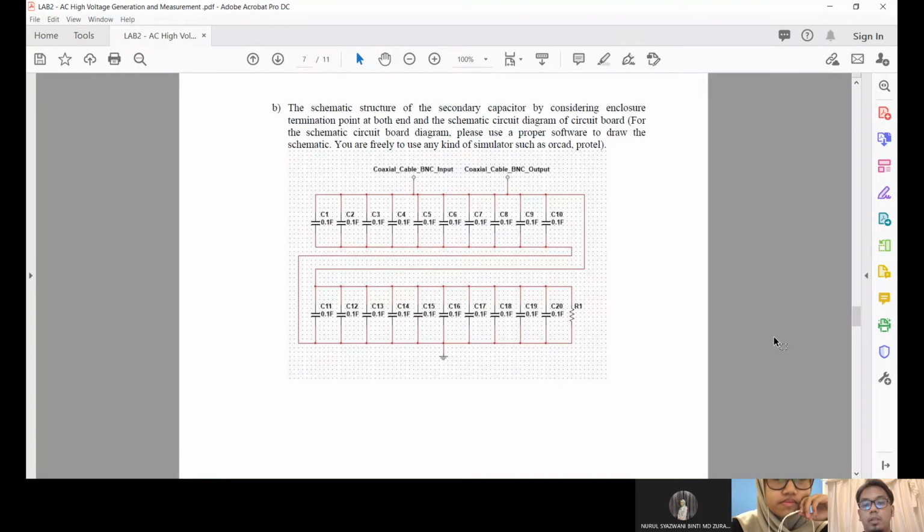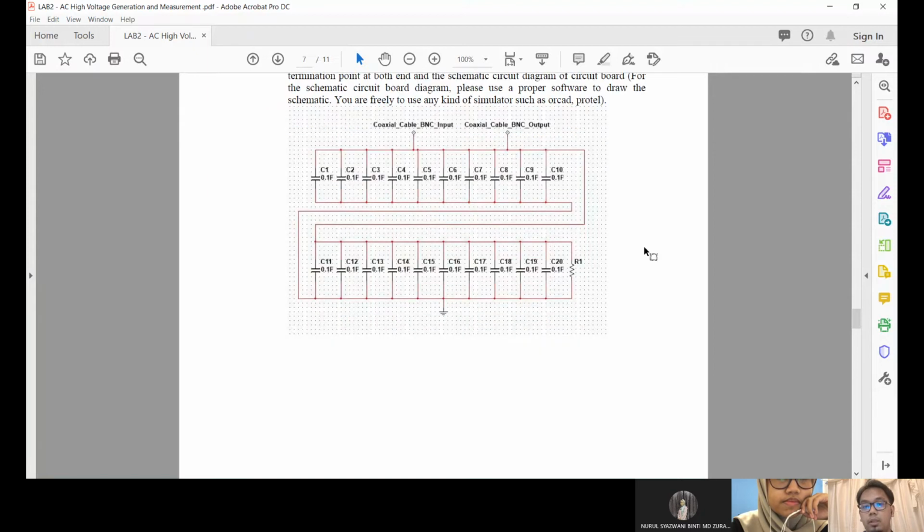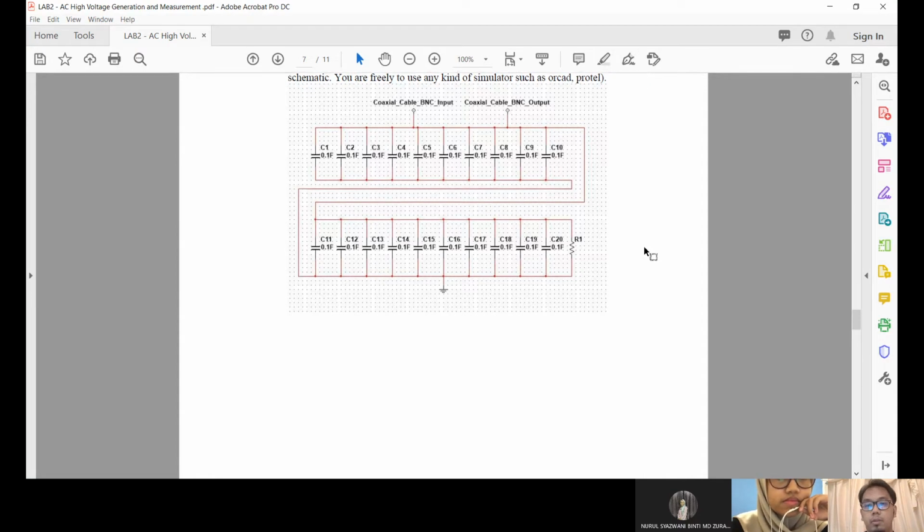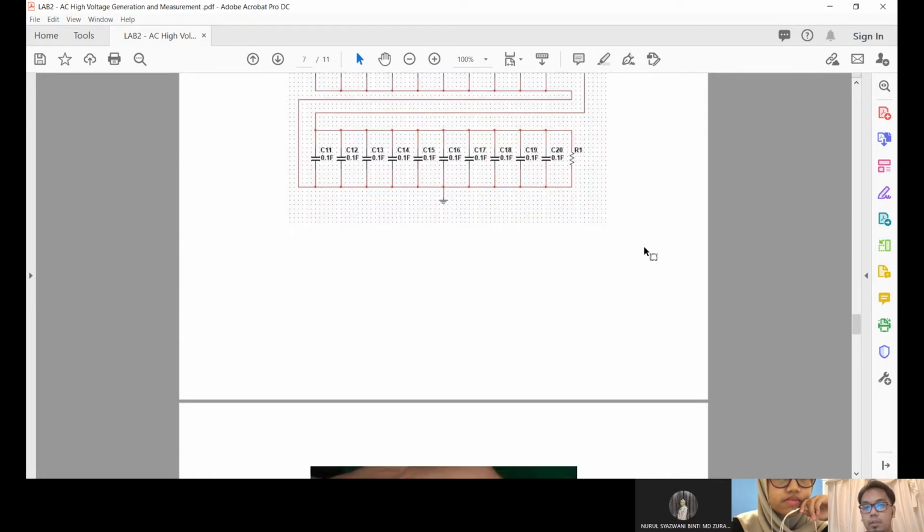As we can see, the connection is in a series condition, since its operation is inversely proportional to the resistor. So the total 20 series capacitors will be in parallel with the resistor to make a complete circuit to the capacitive circuit. Okay, so next for section 3, I will pass to NURUL Anis.